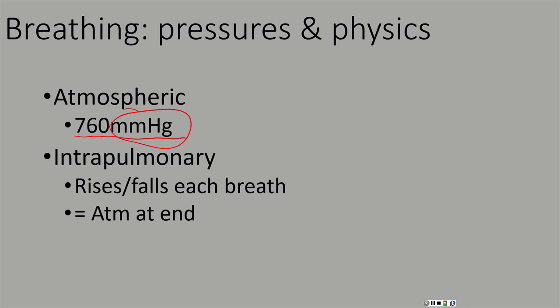Now, that may not seem logical since it's constantly rising and falling, but in the next lecture, we're going to see how that is. Just know intrapulmonary pressure rises and falls with each breath. And at the end of every inhale, and again at the end of every exhale, it's equal to atmospheric pressure.